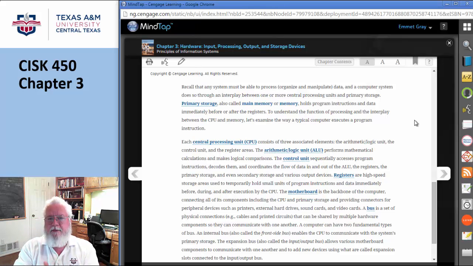The problem now is the term CPU, central processing unit, is misused probably more often than it is used correctly. So, for example, you call up the help desk and they say, well, turn off the CPU. Are they talking about a chip the size of a postage stamp? Is that what they're talking about? Or are they talking about the box that you've got sitting on your desk? See, that's the problem. Most people say it wrong.